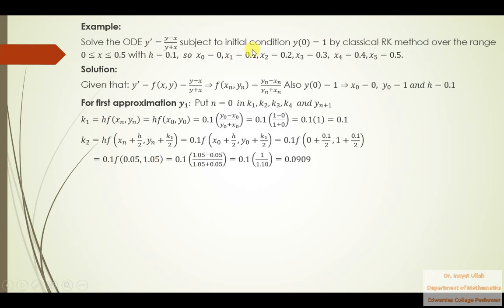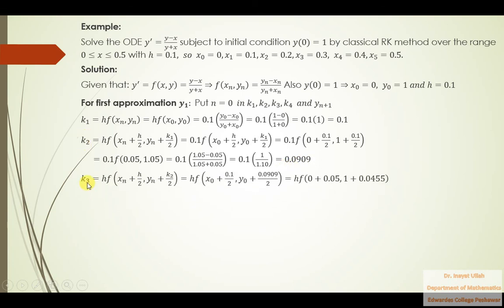So in this formula, yn minus xn divided by yn plus xn becomes 1.05 minus 0.05 divided by 1.05 plus 0.05, times h. Calculating this fraction, we'll get 1 by 1.10, and then multiplying by 0.1, we'll get 0.0909. That is the value for k2.